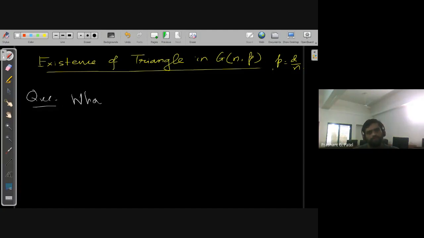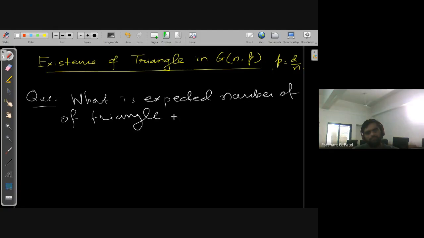What is the expected number of triangles in G(n, d/n) when d is constant?